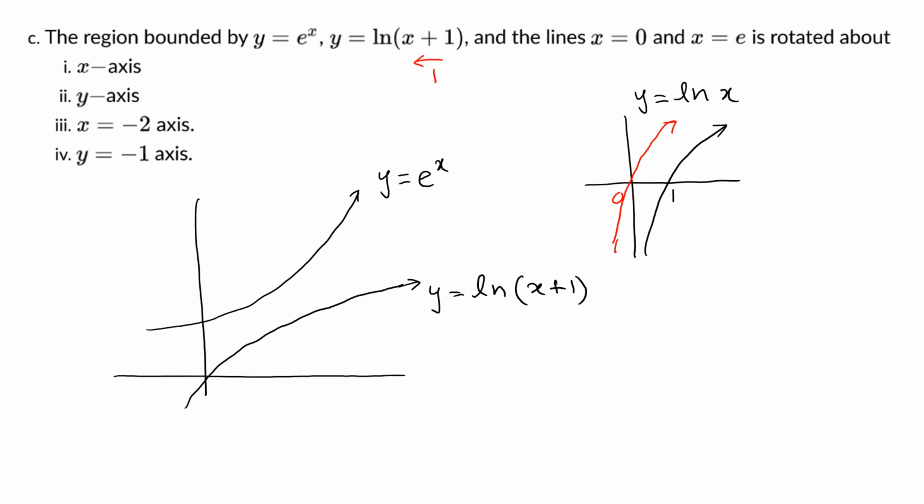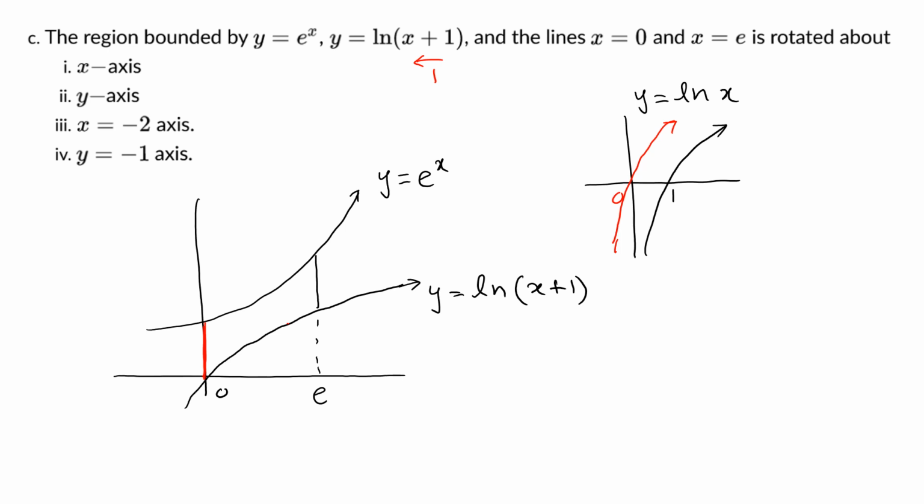Now we can see the other things. We have the line x = 0, which is the y-axis, passing through 0. And then we also have x = e, which is somewhere here, like this line, passing through e.